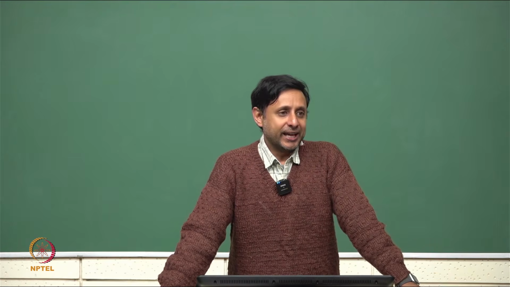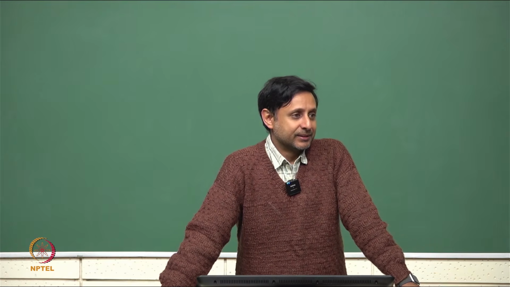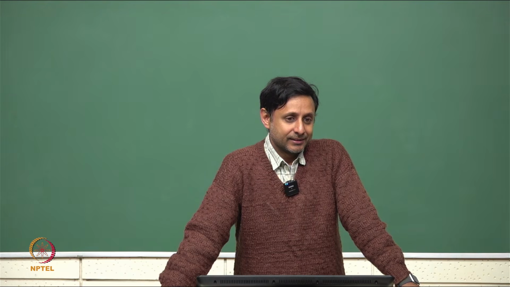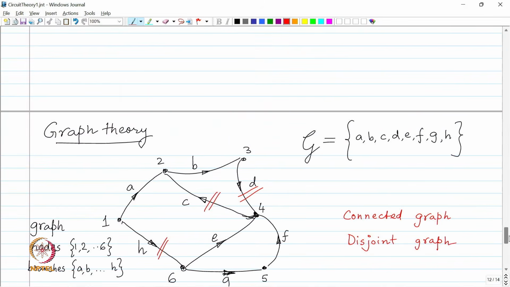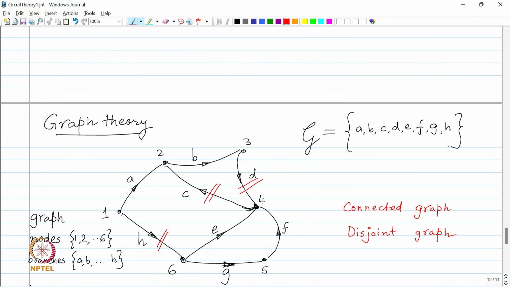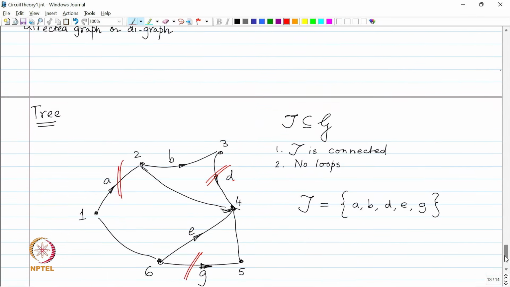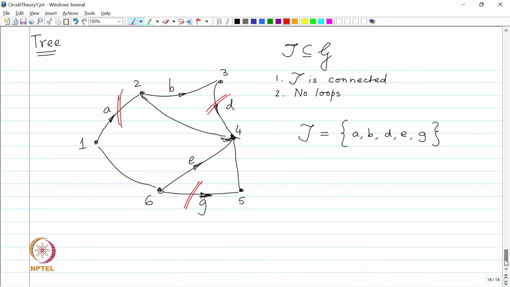All right, how many elements should be there in the tree? The graph had 8 elements, but the tree has only 5 elements. It should have all the nodes, but branches, how many branches should be there? N, what is n? The total number of nodes is n.